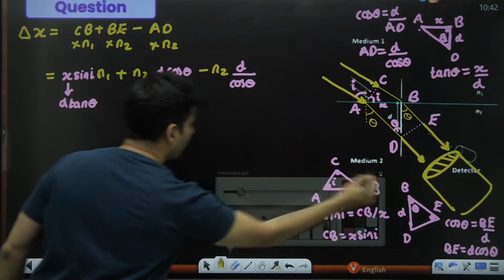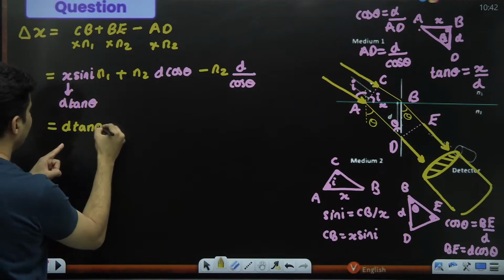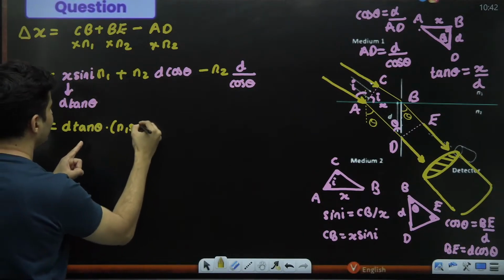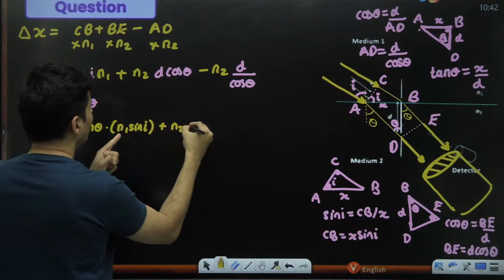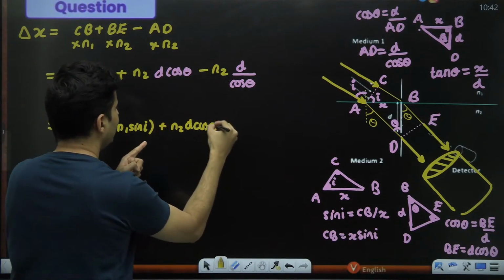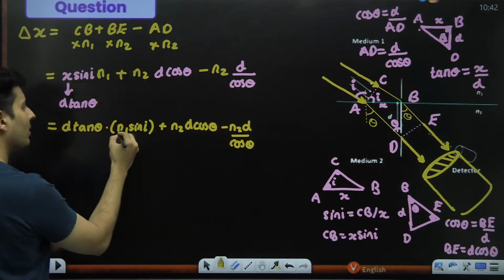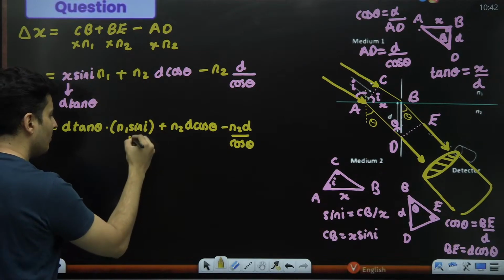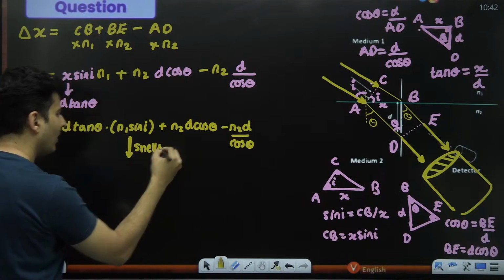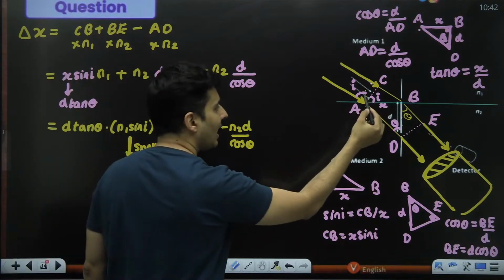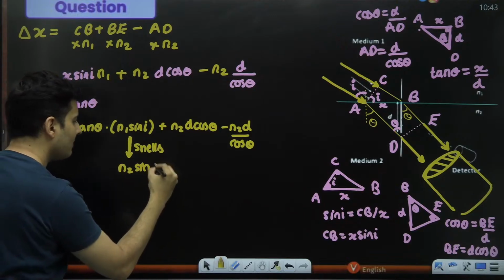So we'll rewrite this as d tan theta multiplied by n1 sine i, plus n2 d cos theta, minus n2 d by cos theta. But wait a minute, by Snell's law n1 sine i will be n2 sine r, or n2 sine angle of refraction.